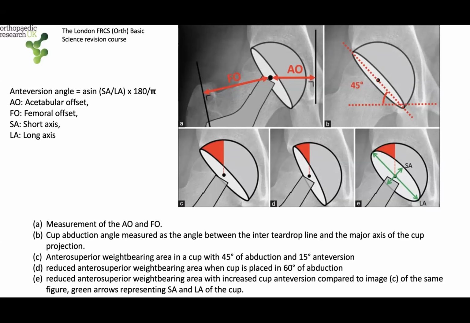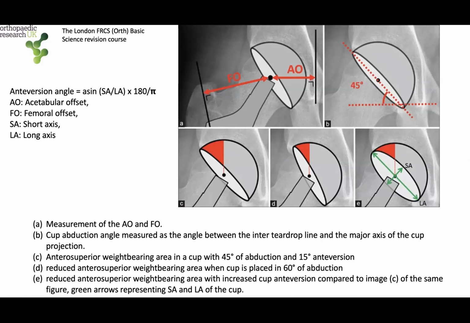Now, that is probably not particularly accurate. That is based on studies from many, many years ago on a small number of patients, and we now know that it's far more complex than just putting every cup in 45 degrees or 40 degrees inclination and 20 degrees anteversion. It depends a bit on how stiff the spine is, and on the patient's natural femoral acetabular geometry.